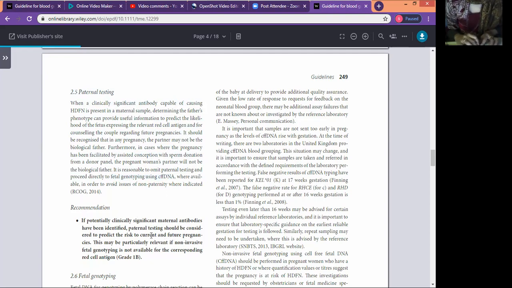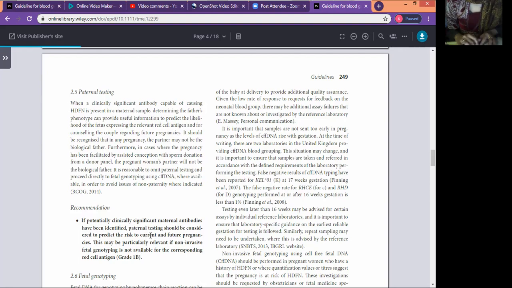So basically regarding the current pregnancy, even if fetal genotyping is done, that is, if the mother is D negative and the fetal genotyping shows that the fetus is D positive, then that is a sign for the physician to be informed and to continue with fetal maternal monitoring for HDFN.